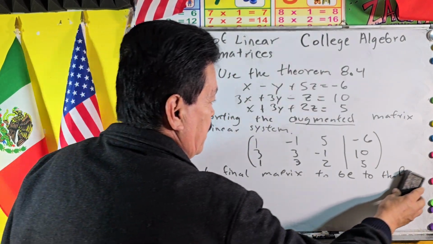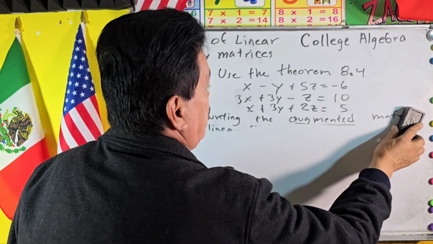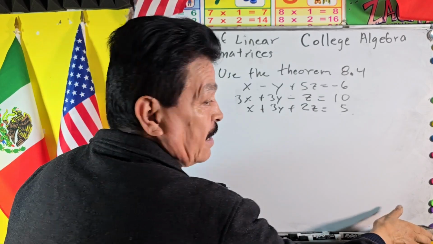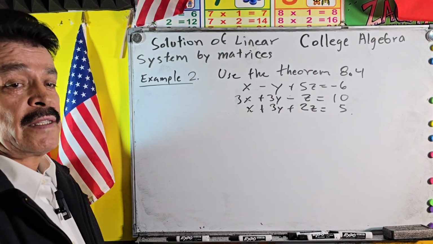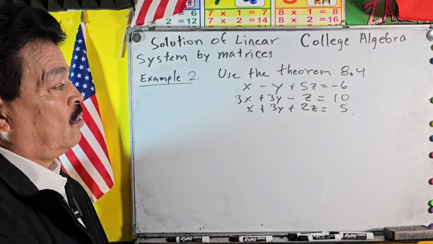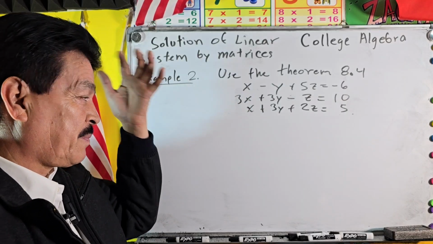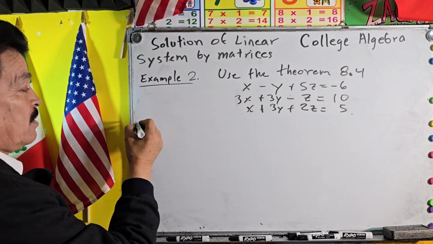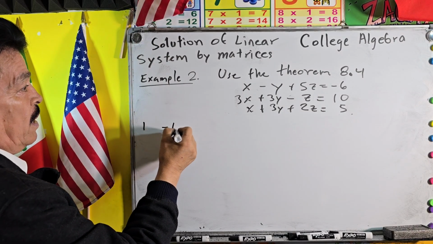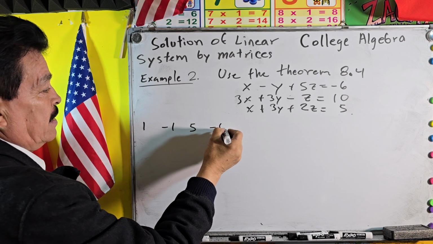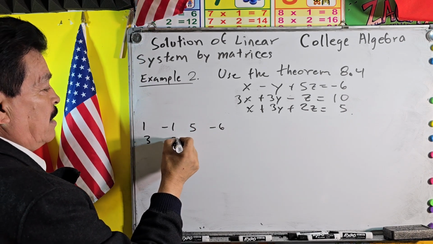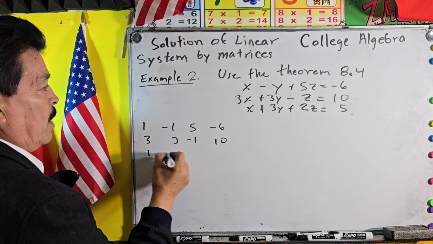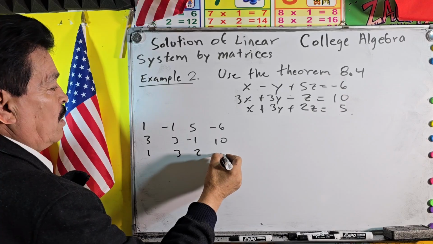Let's go to the next step. We have to write and multiply. Let me write the matrix right here: 1, -1, 5, -6, 3, 3, -1, 10, 1, 3, 2, and 5.